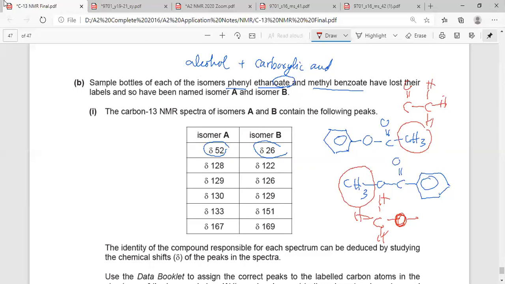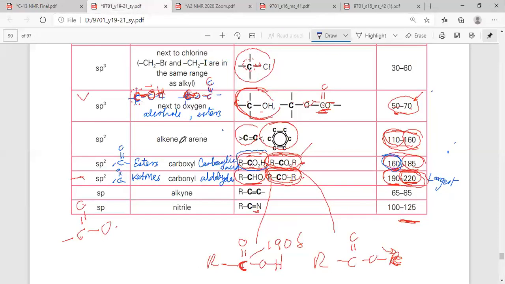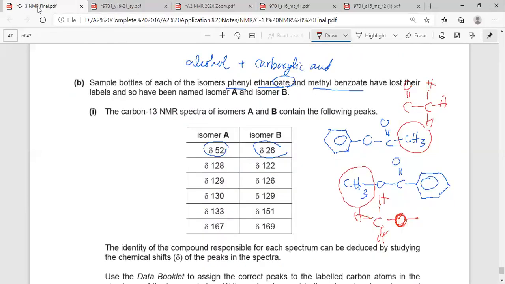C to C, different C, C to O. Here, the ester, C to O, is about 50 to 70. Right? 50 to 70.